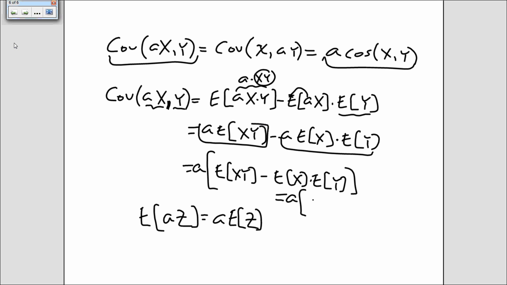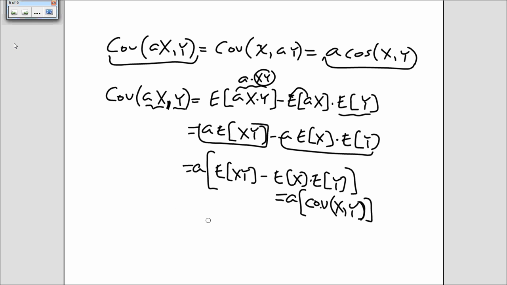What's in those big brackets, by definition, is not the cosine, sorry, but the covariance of X and Y. That is, yes, the A can factor out in front. Okay, so now that we proved that one, there's no need to prove it again.